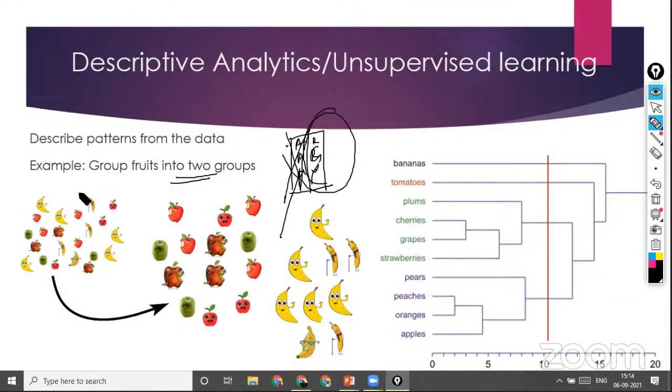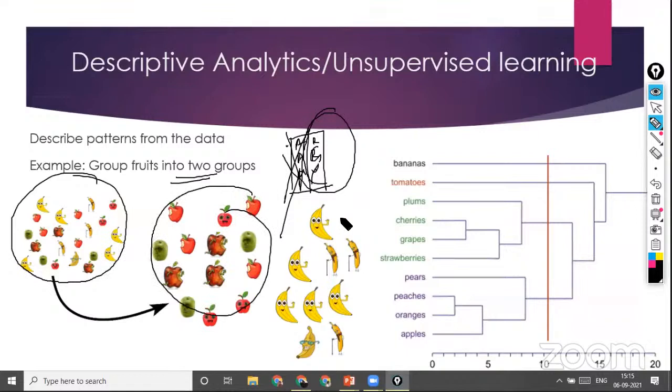So in that case, how will you group these items? You can group all the apples together and all the bananas together. So we have two groups, grouped based on the color. From a descriptive analytics point of view, we use a metric called a distance metric, where we look for the dissimilarity. How will you convert these colors?